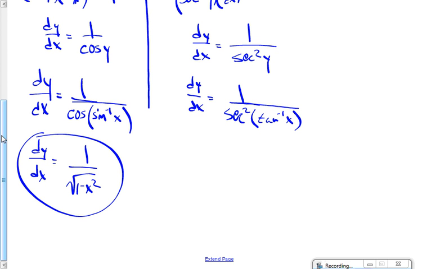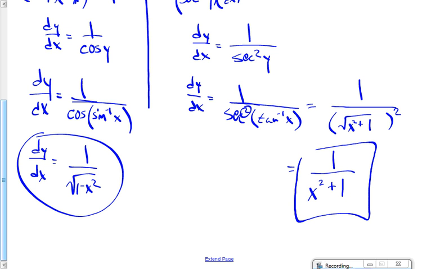What is secant of inverse tan? Keep in mind that this secant squared is taking the secant then squaring it, right? So it's 1 over the square of secant inverse tan, and this is this thing, right? Good from the previous page? So the derivative of tan inverse is 1 over x squared plus 1. Your derivative for inverse tan.